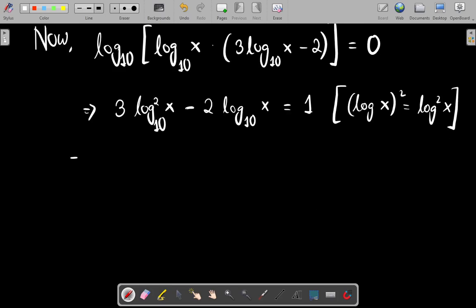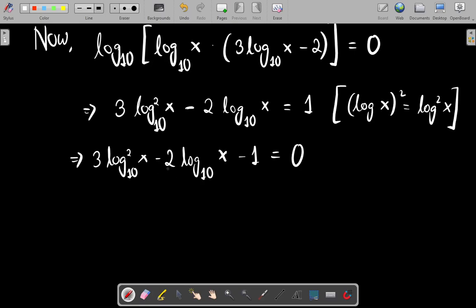If we take all the terms to the left hand side, this becomes 3 times log x whole square minus 2 log x minus 1 is equal to 0. So the product here is minus 3 and the sum is minus 2, so this can be split as minus 3 plus 1.